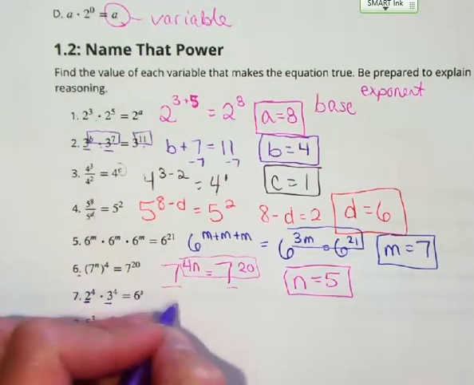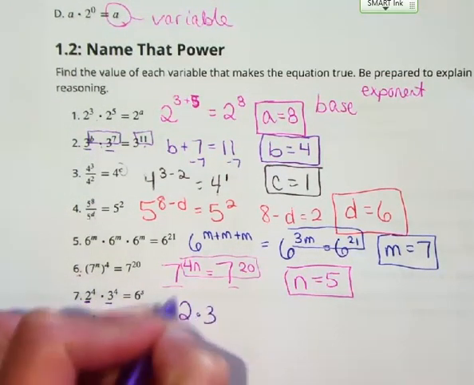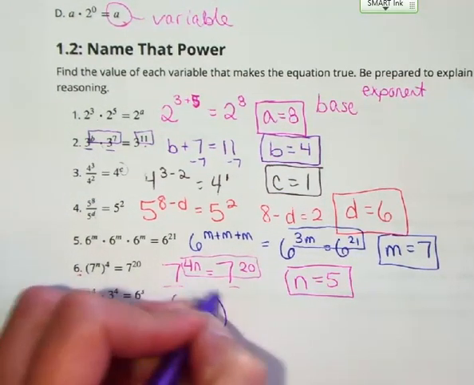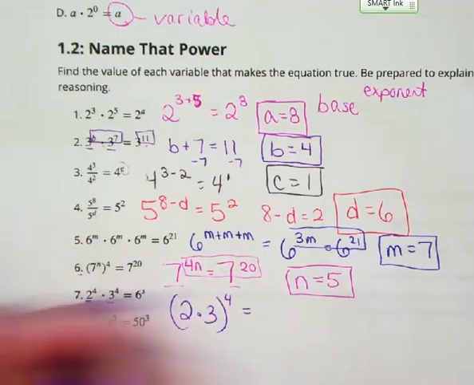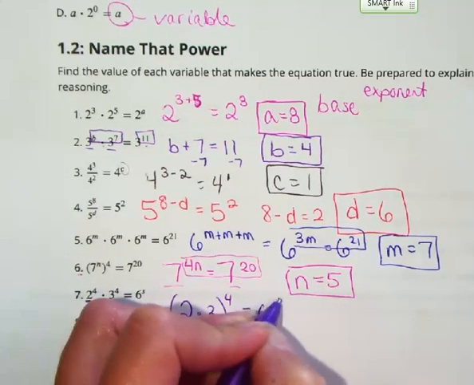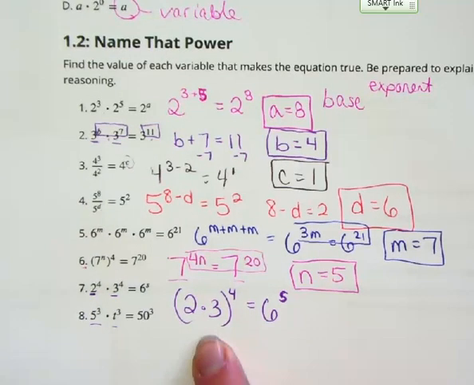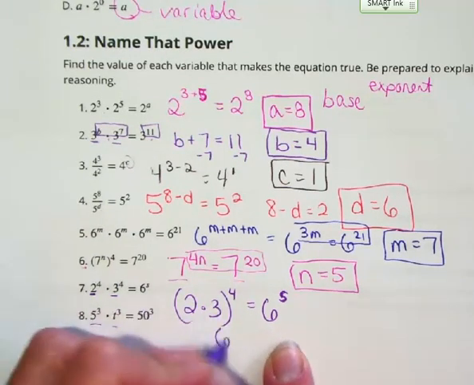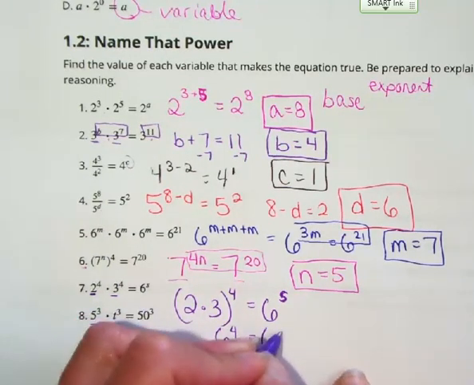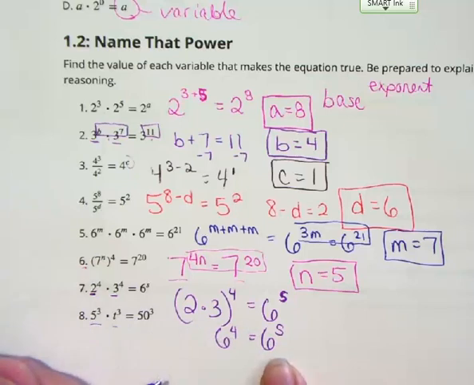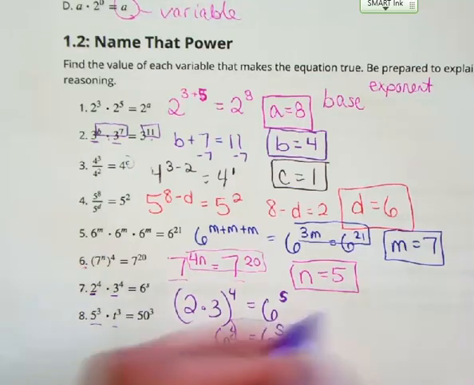So this is saying 2 times 3 raised to the exponent of 4 equals 6 to the exponent of s. It's unknown. Of course, 2 times 3 equals 6 to the 4th. So 6 to the 4th equals 6 to the s. S has to equal 4.